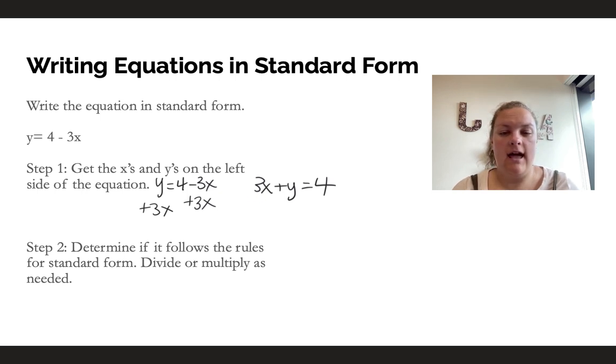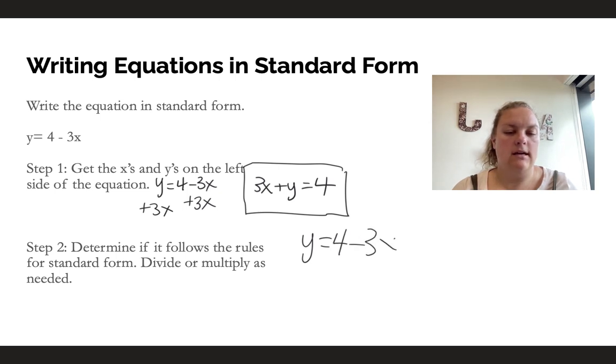We have an a and a b value, so that's good. And there is not a number that can divide into 3, 1, and 4 other than 1. So this equation, 3x plus y equals 4, is done and written in standard form. It is the same thing as y equals 4 minus 3x. It's just another way to look at it.